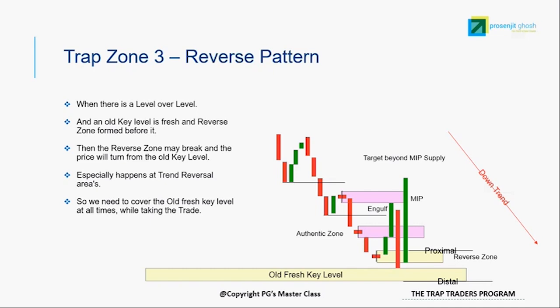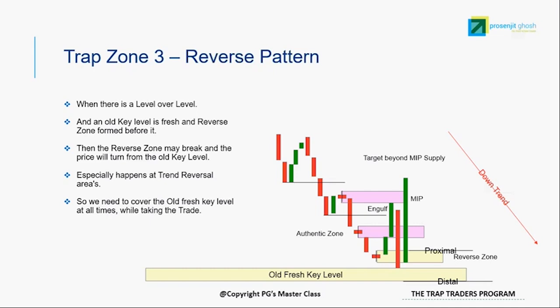Anshul, I don't care. As I said in the beginning, if there is no authentic engulf, there is no reverse zone. And if you are going to take a rally based drop by looking for just a reaction zone engulf, you will make a loss, and if you are ready to make a loss, that's up to you.